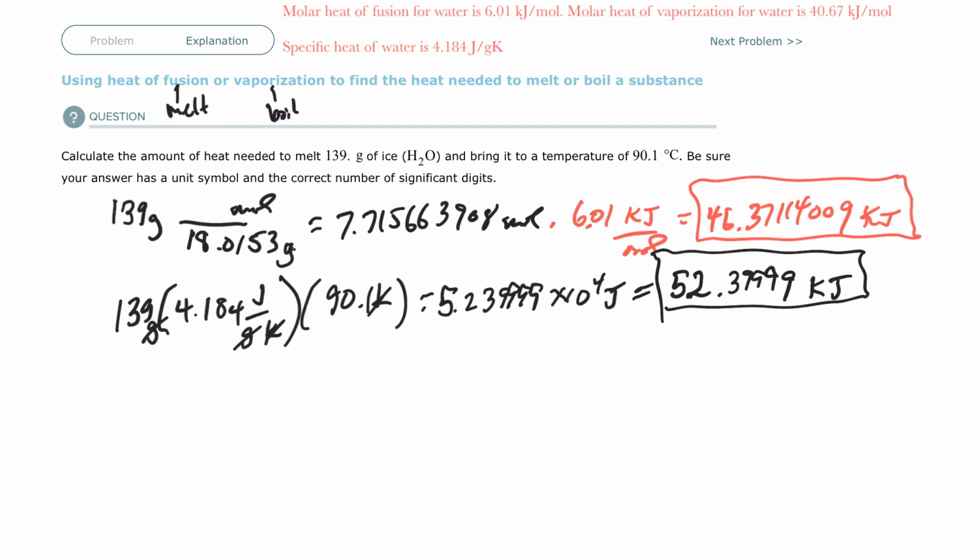The first one up here is just melting the ice, and the second one here is getting that ice up to 90 degrees. So let's add them together. I get 98.77113009 kilojoules.